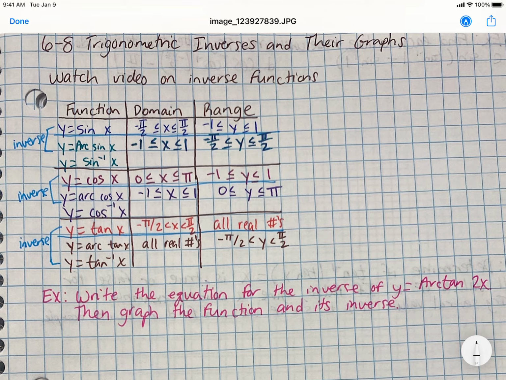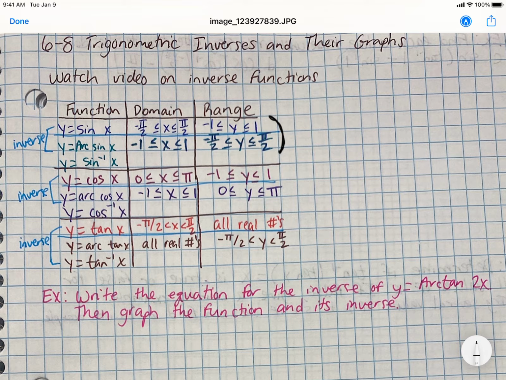We'll start right here with our sine graphs. So sine and arcsine, or inverse sine. Remember, they are inverses of each other, so their domains and their ranges are just going to flip.